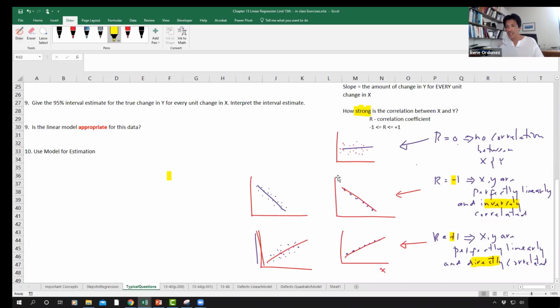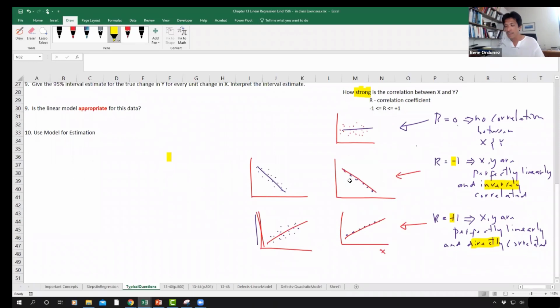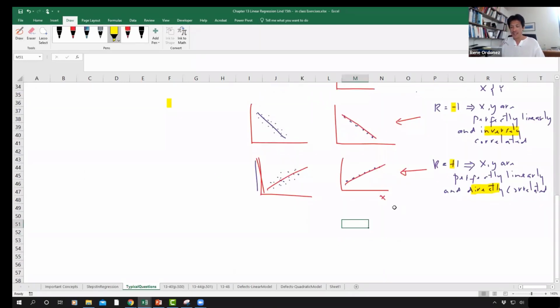Another important number will answer this question: how strong, or how much of the variation in Y can be explained by X?